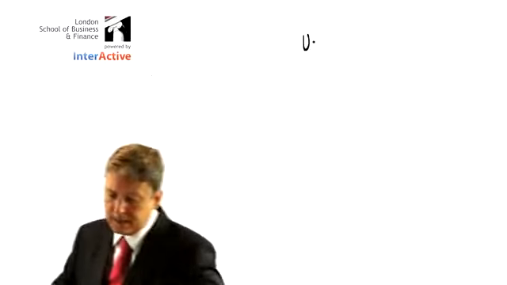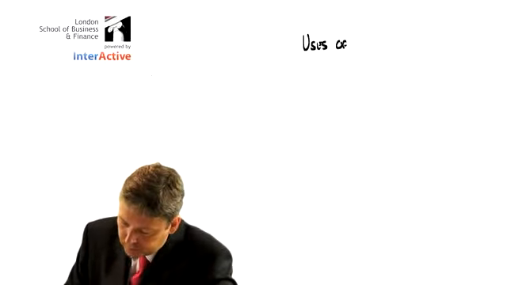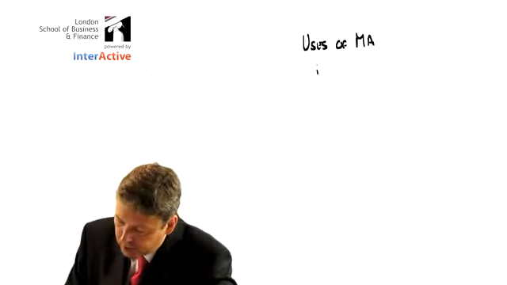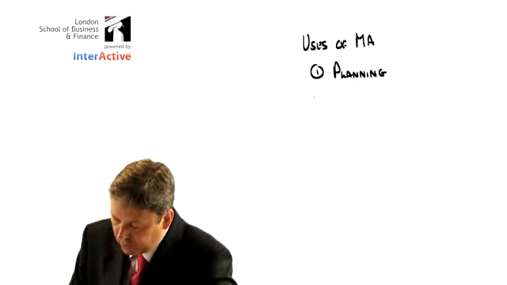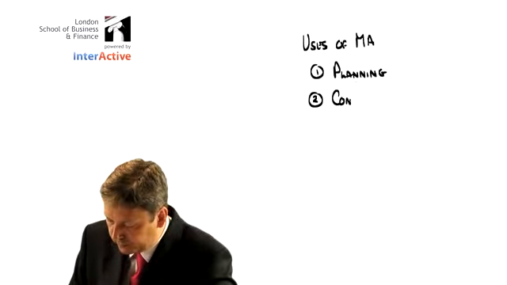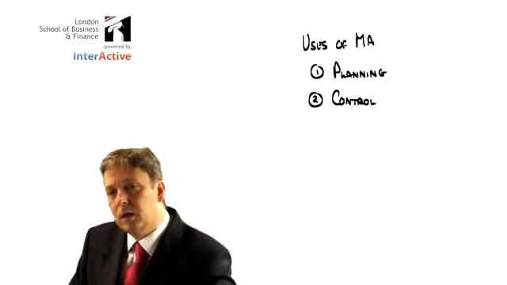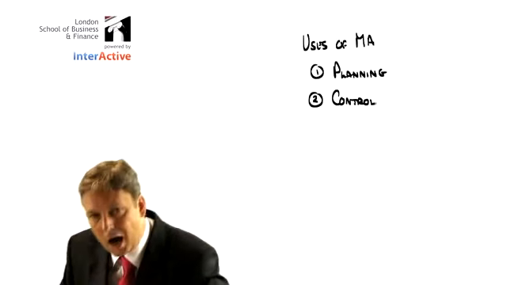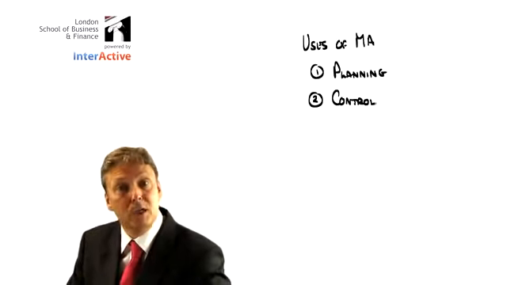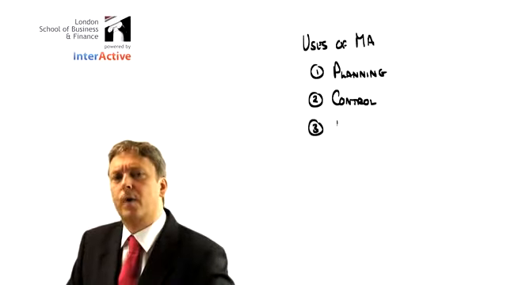So if we get those ideas down, the uses of management accounting. 1, planning. It forces us to look to the future. 2, control. It allows us to compare our actual results to those that we originally expected and take corrective action.